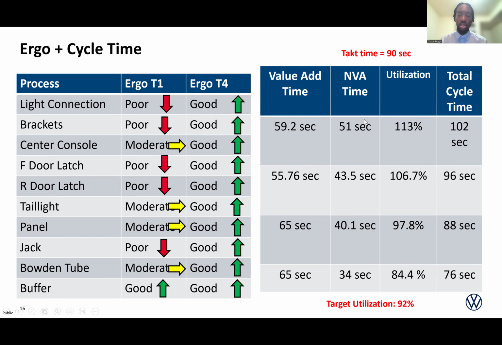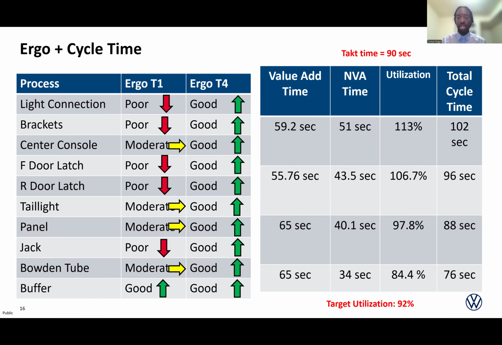The key takeaway from this is that utilization percentage is calculated by takt time, which is 90 seconds, divided by our cycle time, and of course multiplied by 100 for the percent. We can see that our target utilization is 92%, while for the first two trials we fell short.